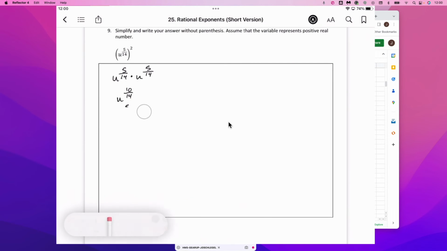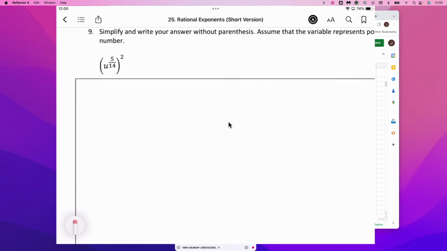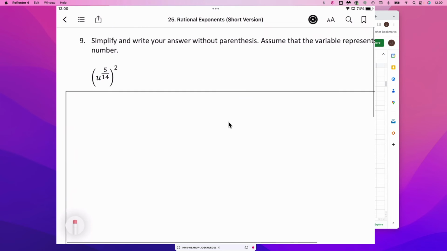So we've got u to the 5/14 to the power of 2, which just means we've got u to the 5/14 times u to the 5/14. And we know that if we are multiplying those two things, we need to add the exponents.